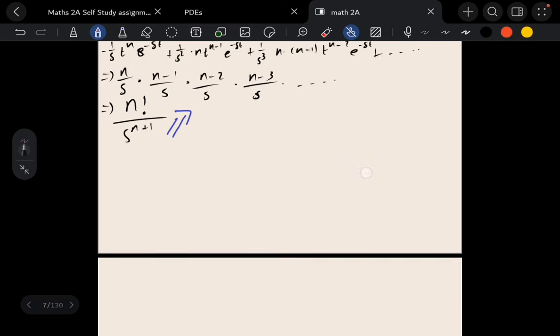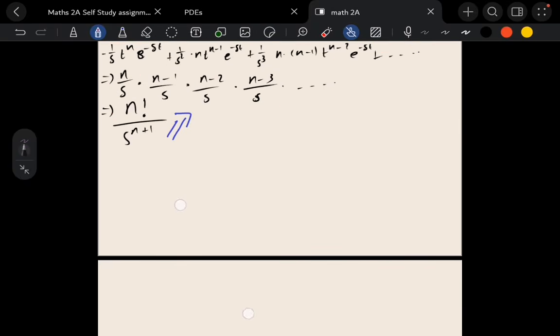So an example will be provided by saying the Laplace transform of t, it is 1 over s squared. The Laplace transform of t cubed, it is 6 over s to the power 4. The Laplace transform of t squared, it is 2 over s cubed.